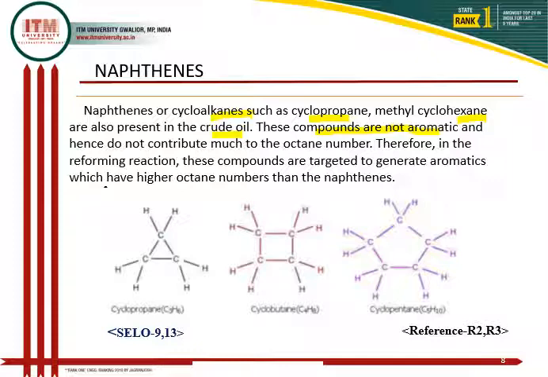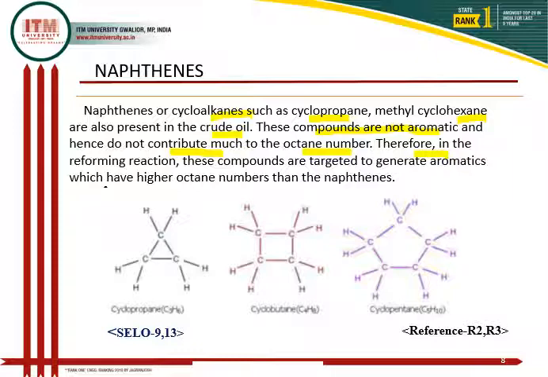That's why they do not contribute much to the octane number. By the octane number only we can judge the quality of the crude oil. We should learn about the octane number and the cetane number, by which we can assess the quality of the gasoline or the quality of the diesel.